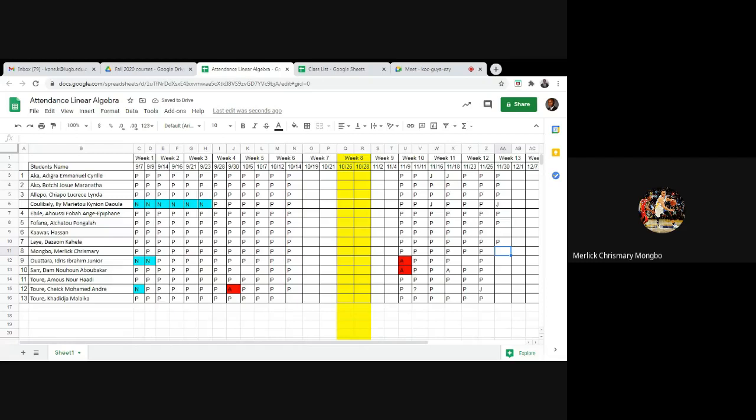Lai. Present, sir. Ouattara Idriss. Present, sir. Touré Nour. Mr. Touré Nour. Touré Sheikh. Present, sir. Touré Sheikh is here. And Touré Malaika. Sir, present. Okay, so Touré Nour says present, so no problem.